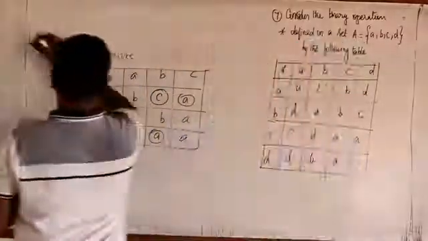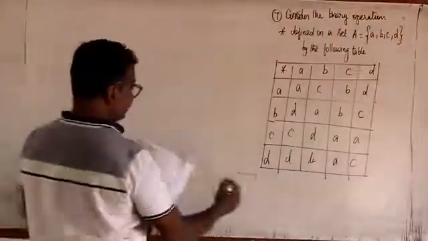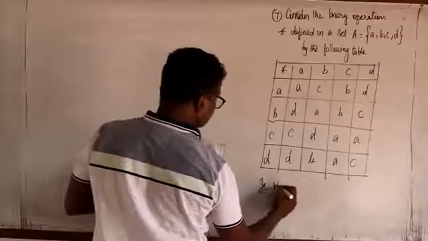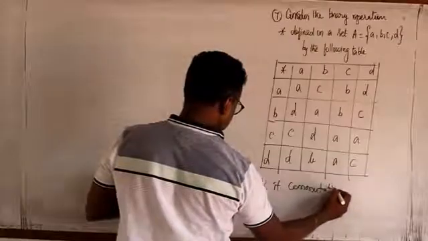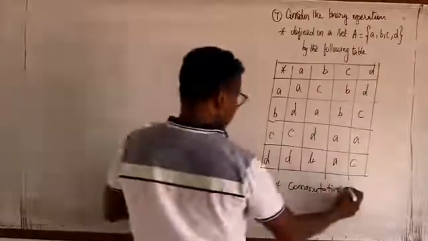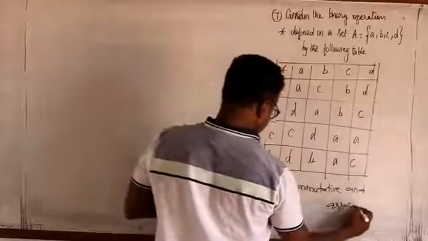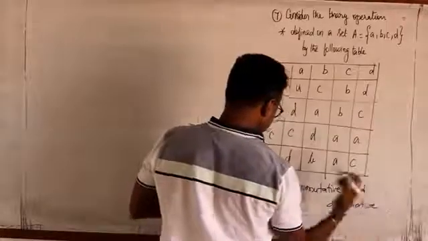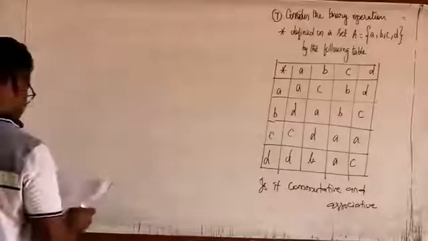The question is, they gave everything. What they are asking is, is it commutative? And associative. They are asking whether these two properties are satisfied. We shall check.